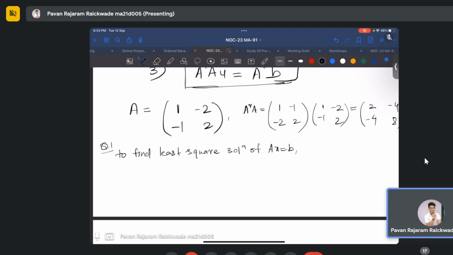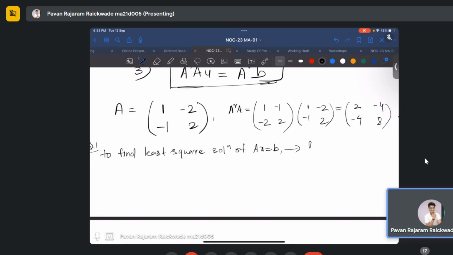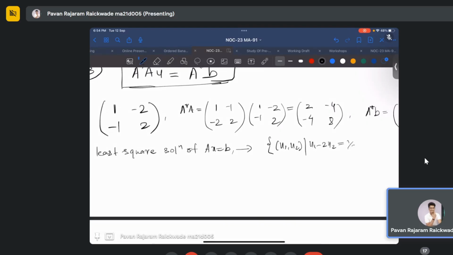We got a solution by finding the least element in the set of all u1, u2 such that u1 minus 2u2 was 1 by 2. This was our answer; it was A inverse PB that we call this set, and then we wanted to find the least element in this set.